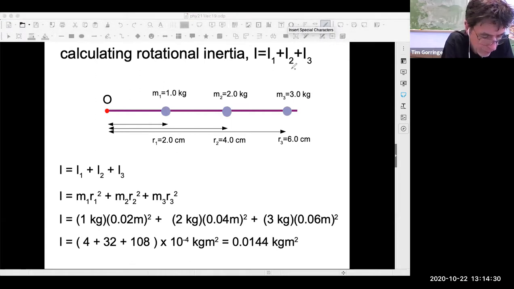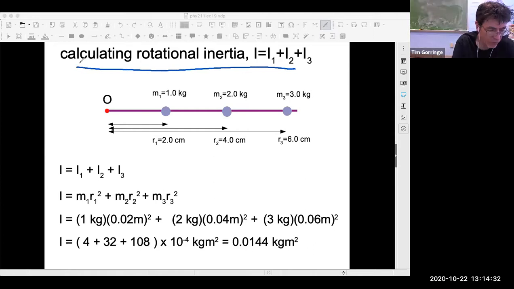And so this is my calculation of this object's moment of inertia. What's important here is the idea that the moment of inertia of this arrangement of masses is just the sum of the moments of inertia of the individual contributing masses.